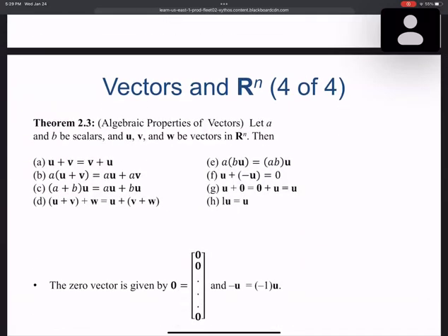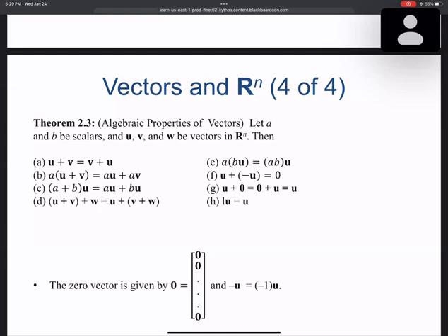So these are properties of vectors. Okay. They look kind of silly, but they are not, because these are going to be properties we want.